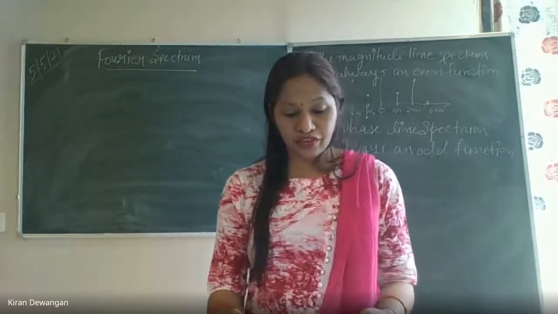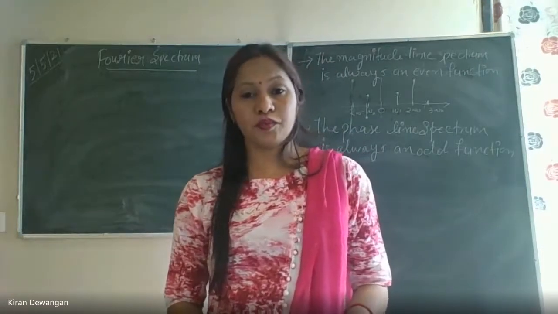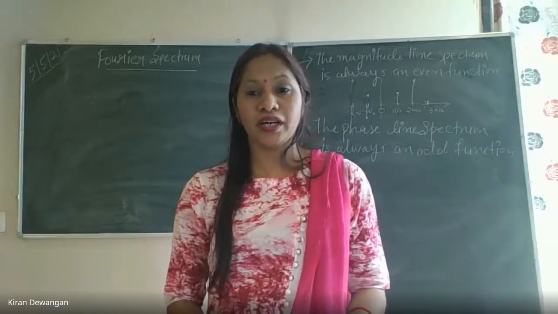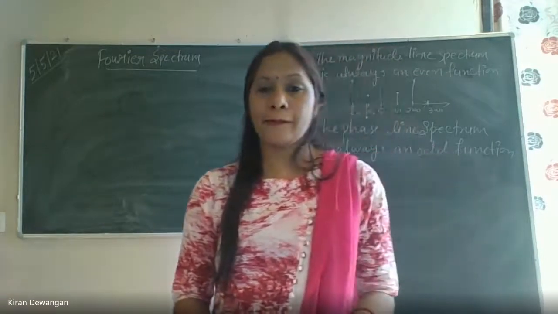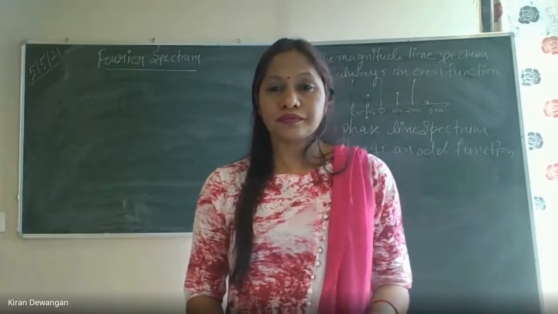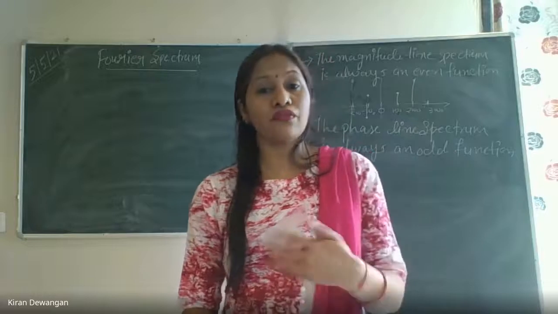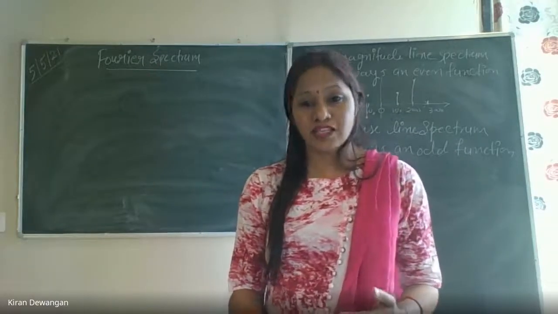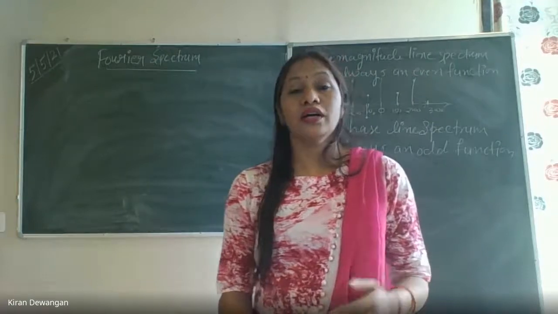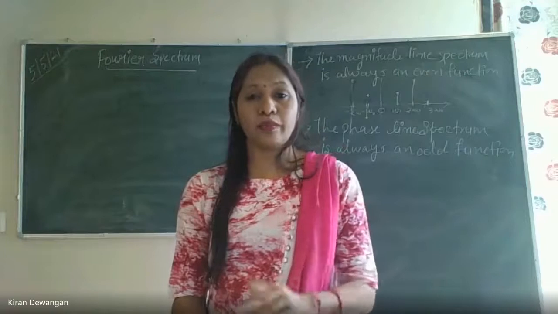Whether the trigonometric form, cosine form or the exponential form. Which one is better to obtain the Fourier spectrum, students? Anyone who can just guess which form will be better? It is exponential. Correct. So it is definitely the exponential form that will always be better to obtain the Fourier spectrum.